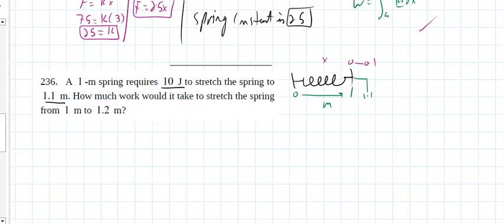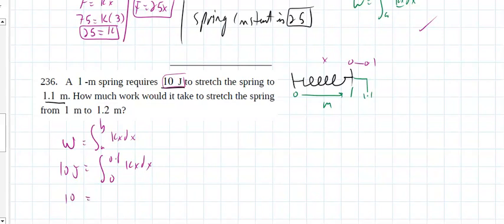So a 1 meter spring requires 10 joules to stretch. Well, joules would be work. In this case, work is the integral from a to b. And remember, if it's a spring mass system, f of x is simply kx dx. Well, 10 joules equals the integral from 0 to 0.1 of kx dx.